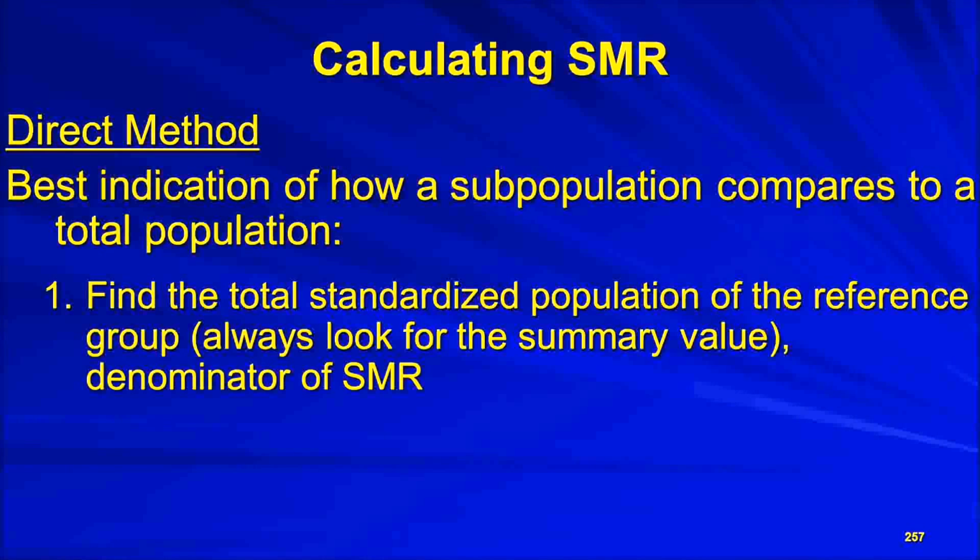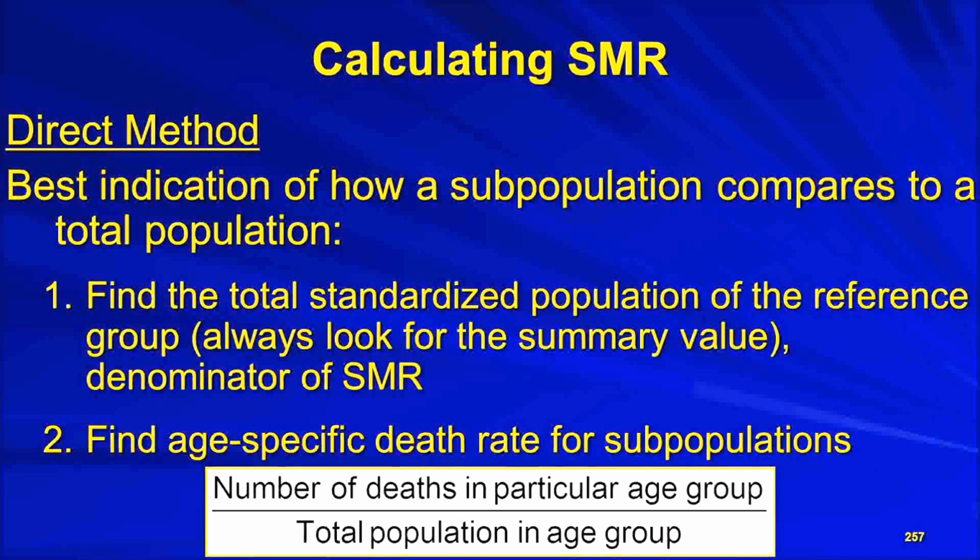So don't get too nervous if you don't get it from just reading these steps. And we'll deal with the number of deaths in a particular age group and the total population in an age group, and I'll show you how this formula applies and what you do with it.